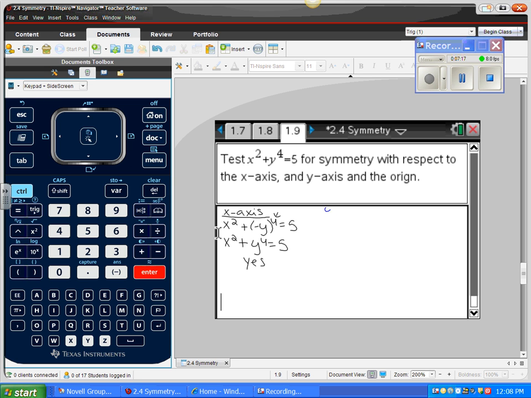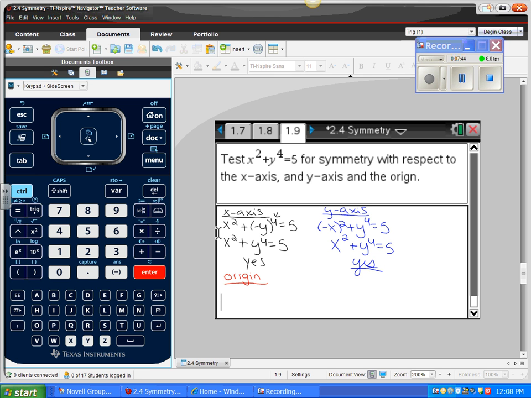Let's try y. We're going to plug in a negative for x. And we know negative x squared becomes a positive. So this one is also yes. Okay? So now we know it's symmetric about the x, it's symmetric about the y. And lastly, let's talk origin.